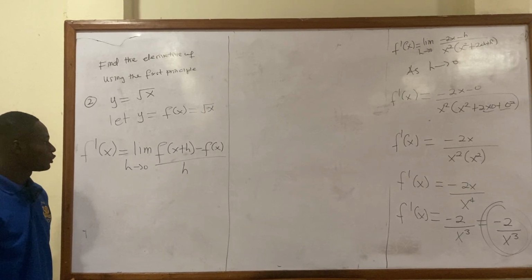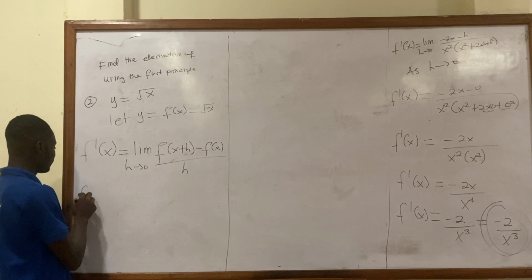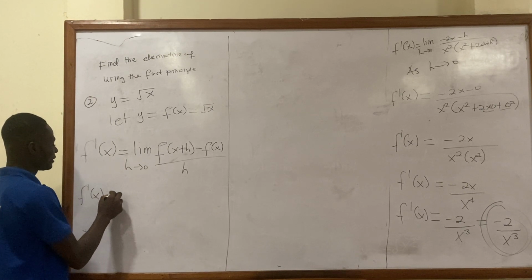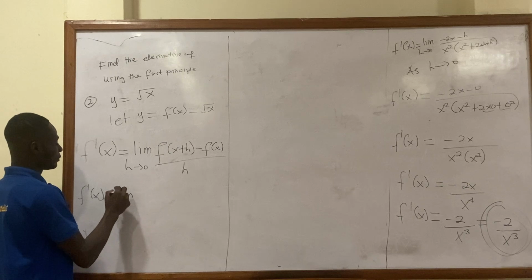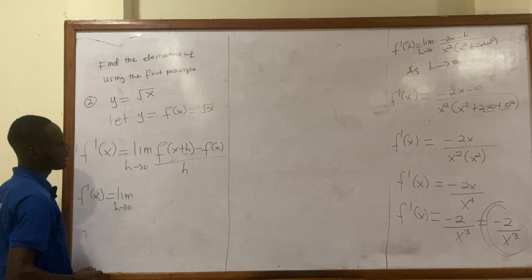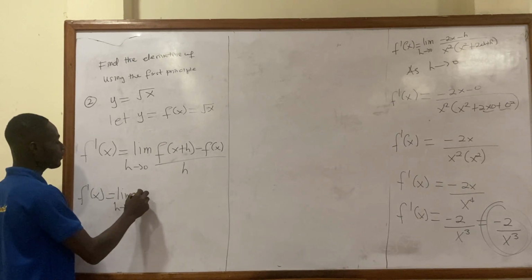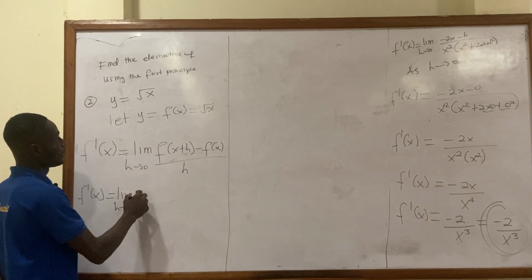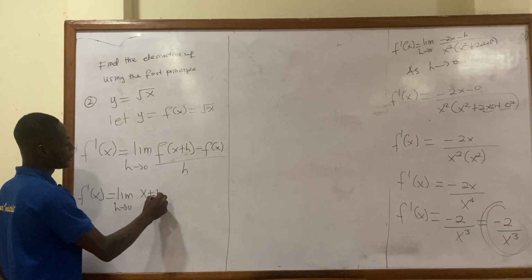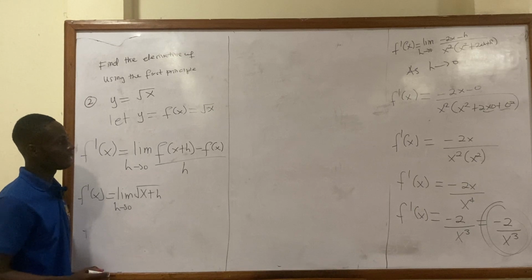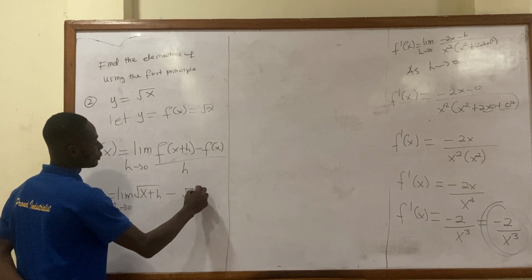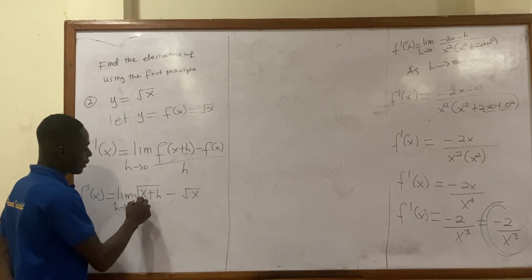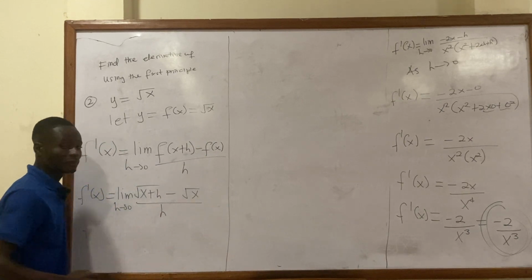Very simple. So from here, we have the first derivative is equal to the limit as h approaches 0 of root of x plus h minus root of x, all over h.